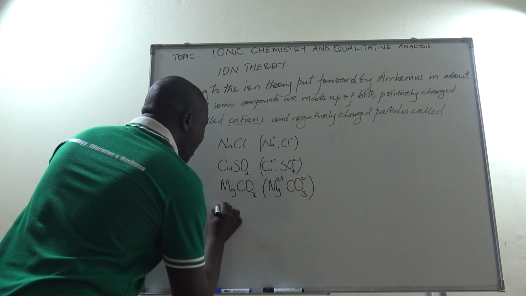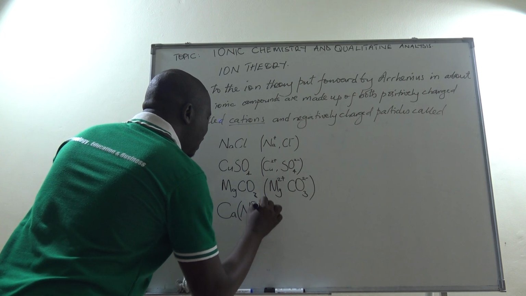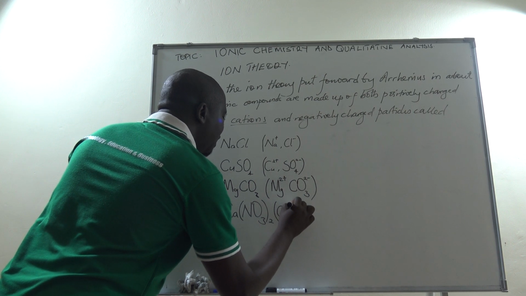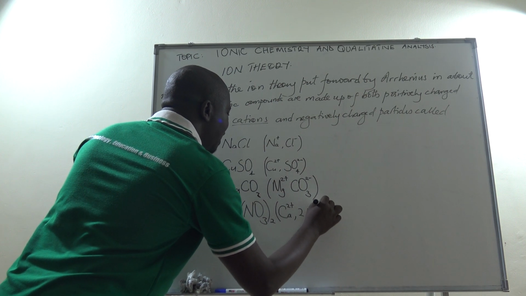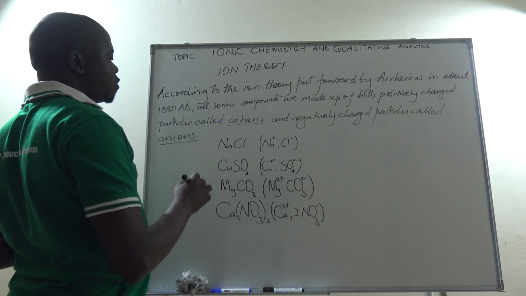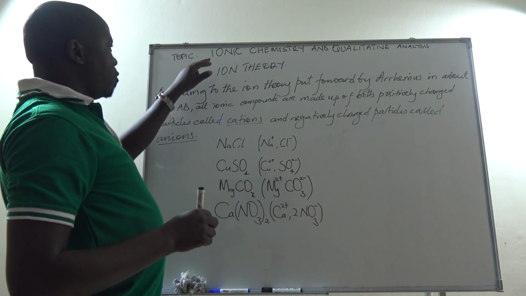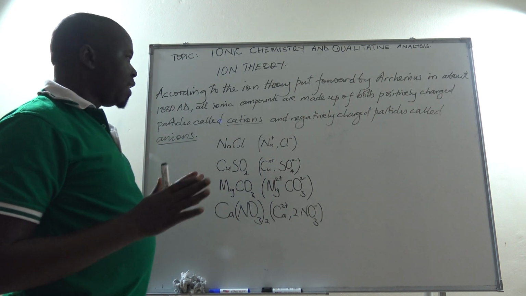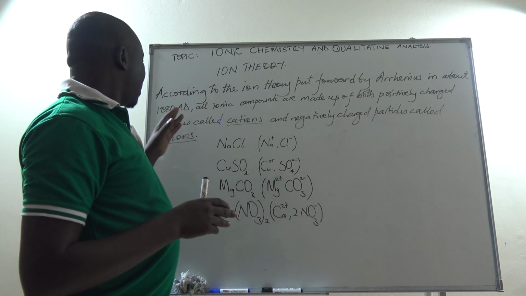Think of, say, calcium nitrate, and this calcium nitrate consists of the calcium ion, and then we also have 2 nitrate ions in calcium nitrate, as seen from the formula. So there are so many other ionic compounds, and we shall be dealing with them all under what we call ionic chemistry and qualitative analysis. So that's what we call the ion theory put forward by Arrhenius in about 1880 AD.